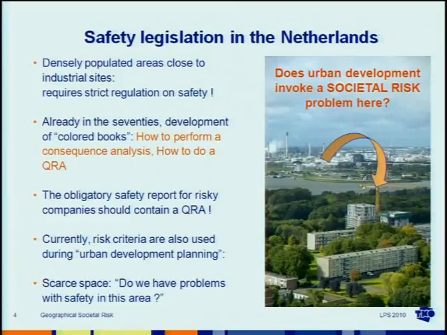Currently, every risky company in the Netherlands, so involving large amounts of dangerous chemicals, is required to perform a safety report. That safety report should contain a QRA. That's the only way you can get a license to operate. So a lot of QRAs have been and are being performed in the Netherlands.